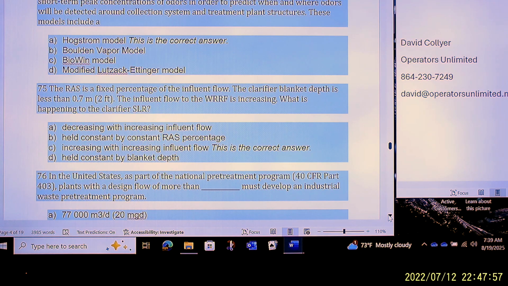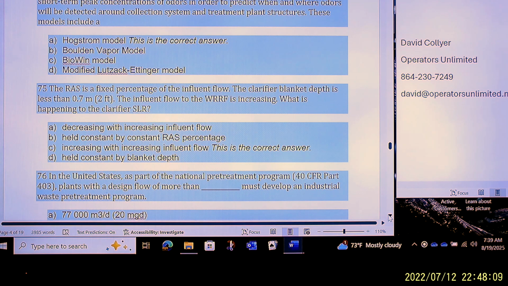These models include A, Hagstrom model, B, Bolden vapor model, C, Biowin model, or D, a modified Lutzig-Ittinger model. The answer to 74 is A, Hagstrom model.